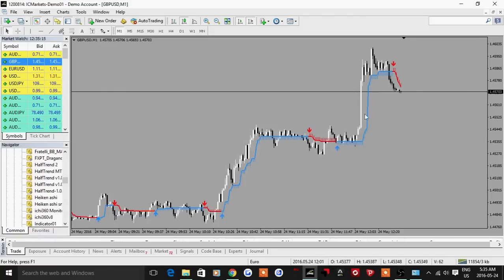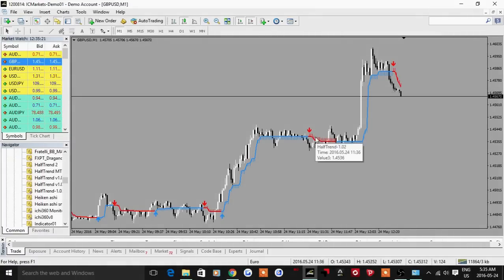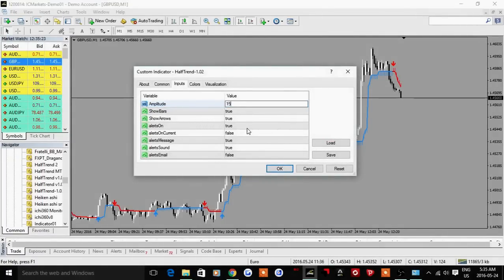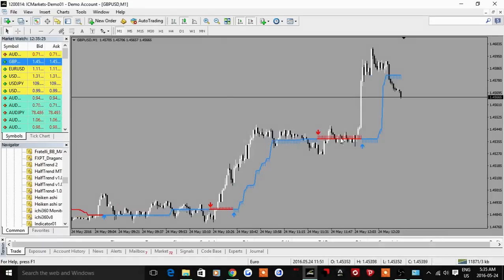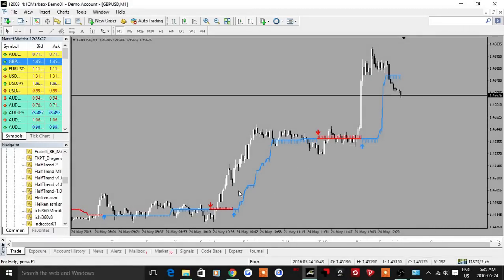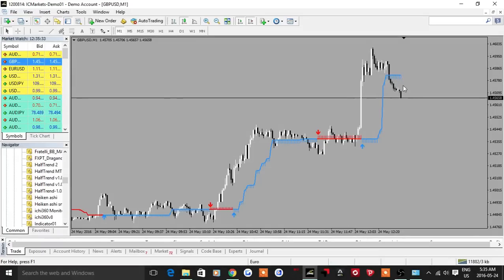See, you have a signal here, and it gave you one false signal. On 15, it gave you one false signal too, so it's pretty much the same thing. From here to here, you have 1, 2, 3, 4 signals, and this will come on 15 soon.